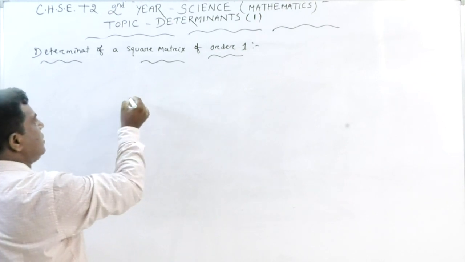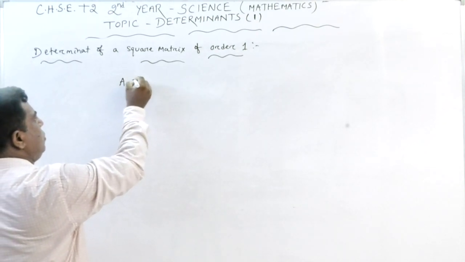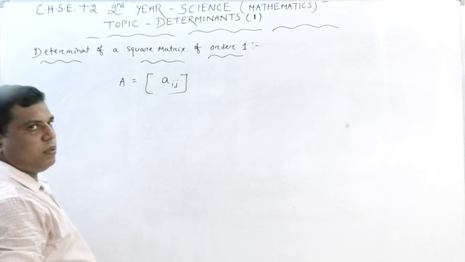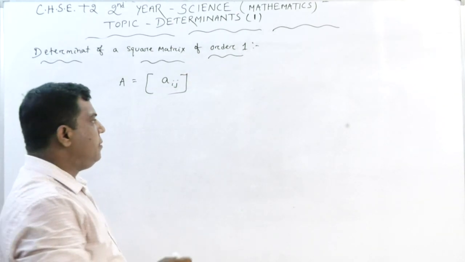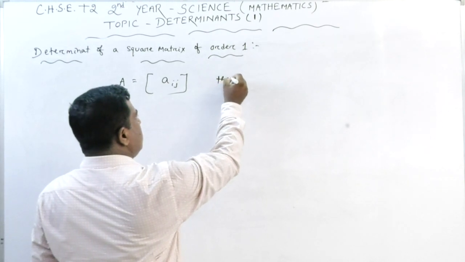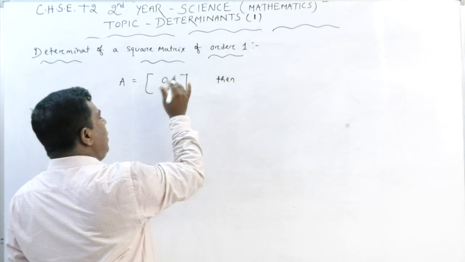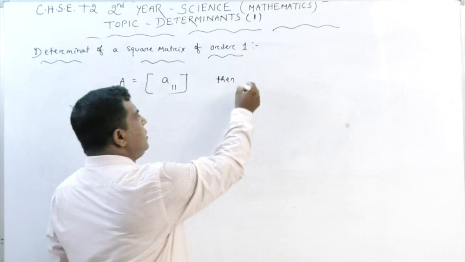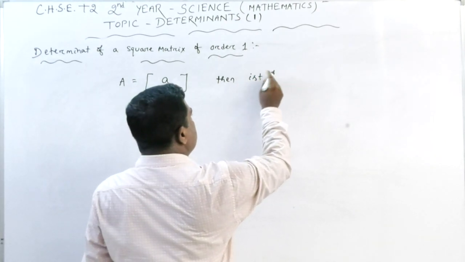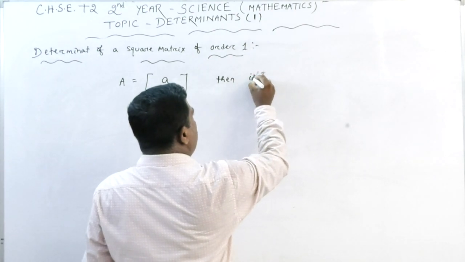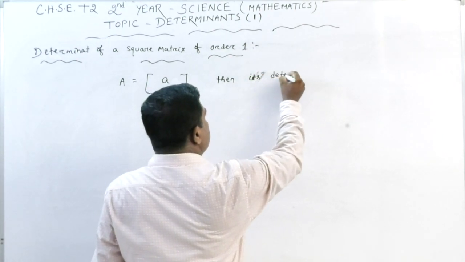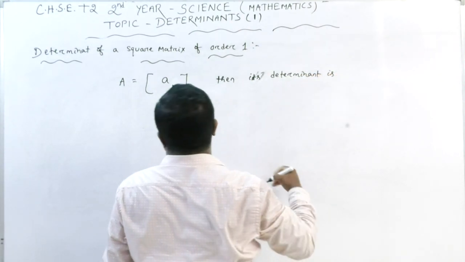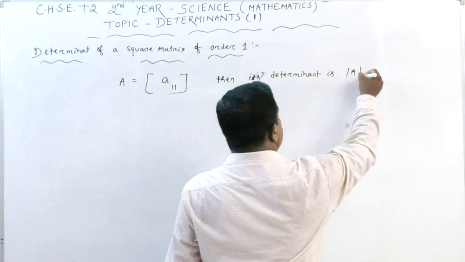It says if A equals Aij, only one element is there, then, why Aij? It is simply A11 because it has only one row and one column. Then its determinant is written like this.